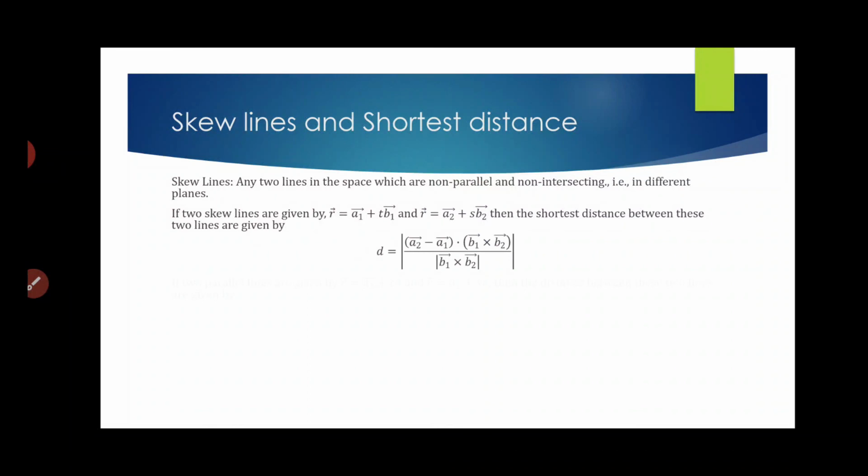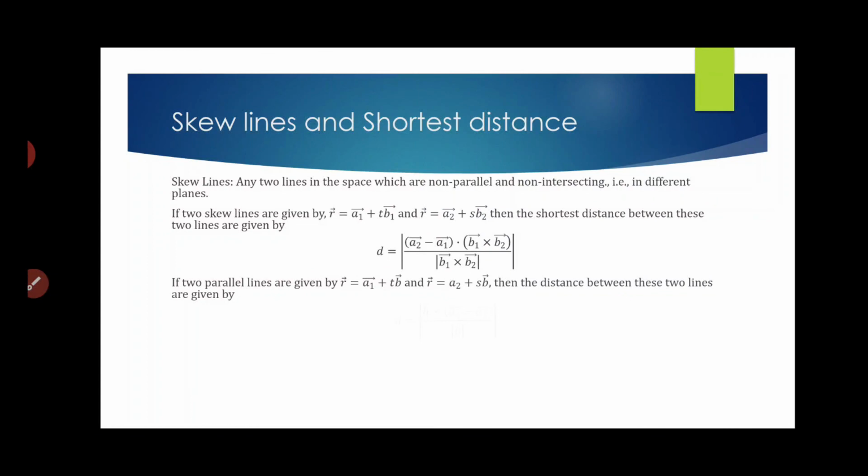So that shortest distance is given by modulus of (a2 minus a1) dot (b1 cross b2) by modulus of b1 cross b2. So just remember that. And obviously there's a Cartesian alternate. It's a huge thing, but when we are calculating we can understand what we are going to do.